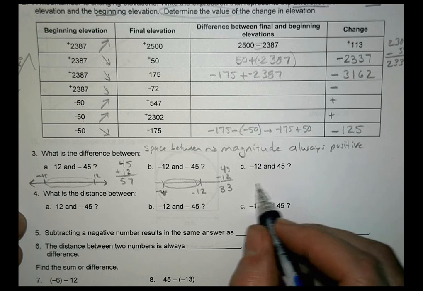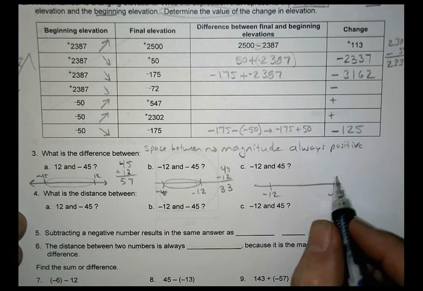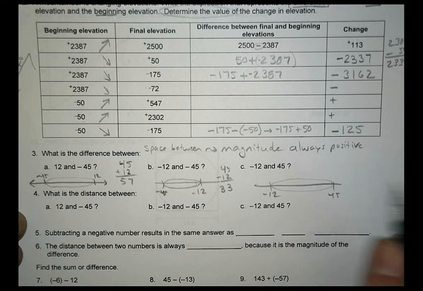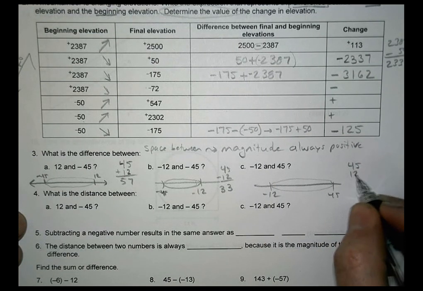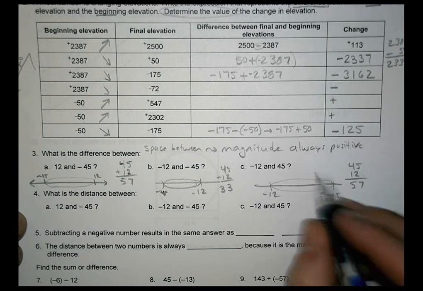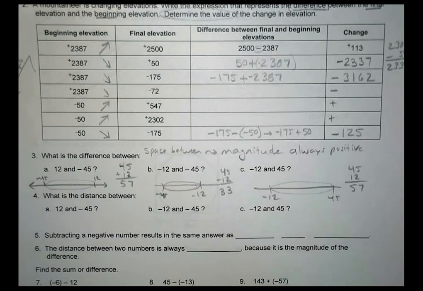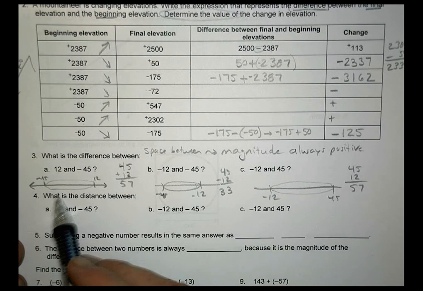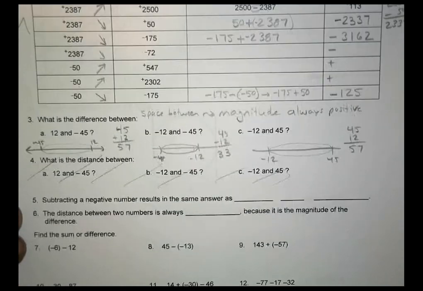And on this one, if I'm at negative 12 here and 45 there, that space between is, again, going to be a sum. 45 and 12 for 57 is what the space is. I can think about it being two absolute values and adding them together. This part here is exactly the same, so I'm not sure why it's like that.